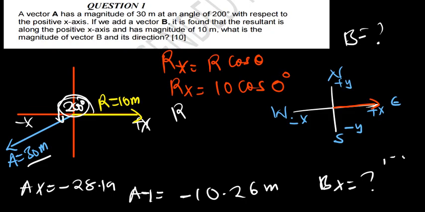Like in this case, the resultant is along the positive x-axis, so definitely the angle is 0 degrees. If a vector is moving toward north or positive y-axis, the angle is 90 degrees. So here 180, here 0 degrees, and here 270 degrees. As simple as that.